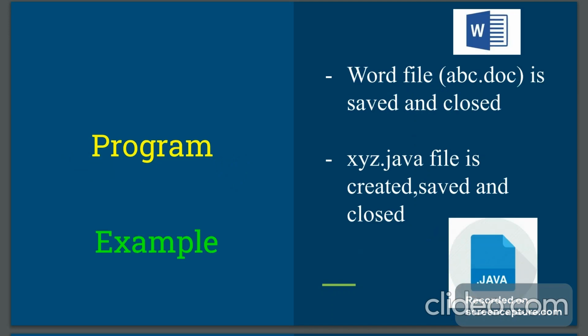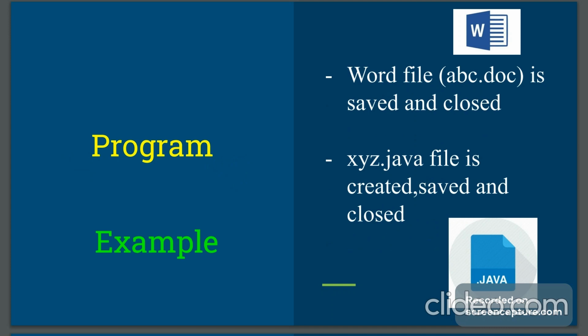Example, if I have created one file abc.doc in Microsoft Word, I have done my work and I have saved that file and closed it. So that will become a program for me. Any PowerPoint presentation that I have created and closed, that is a program.